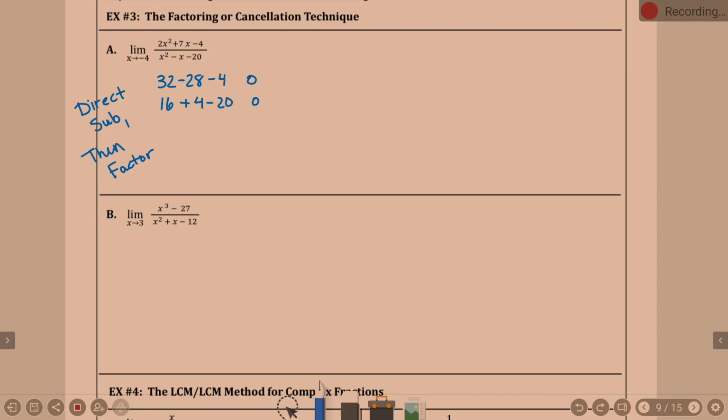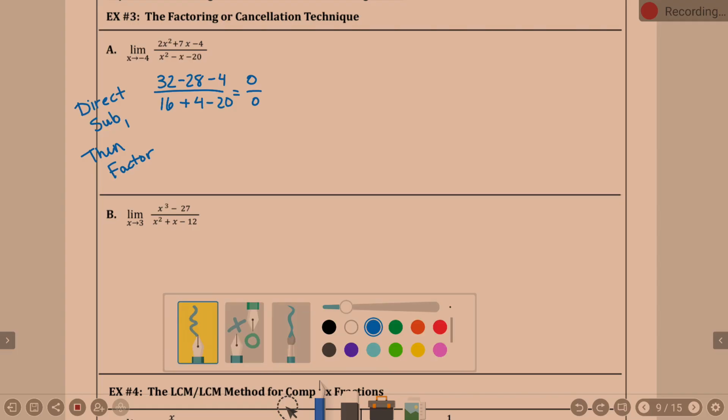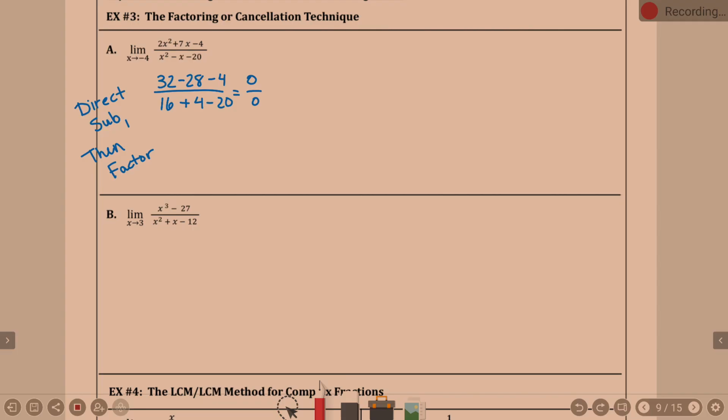I'm seeing 0 on bottom. So guess what? It's 0 over 0. That's an indeterminate form. We don't stop there. We've got to find a plan B. Plan B is going to be to try and factor.